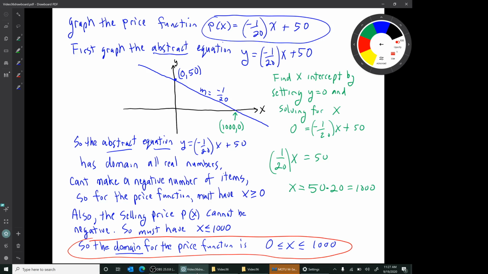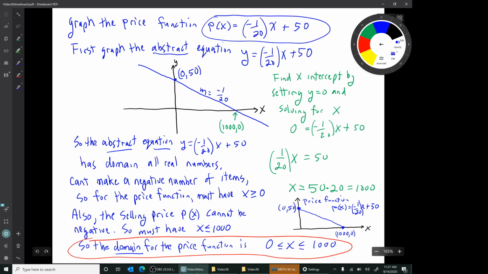And in fact, we can graph the price function. Let's make a little graph here. So the price function graph is just that segment that has endpoints (0, 50) and (1000, 0).